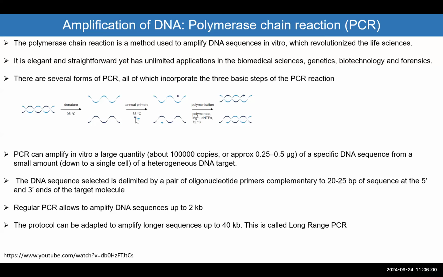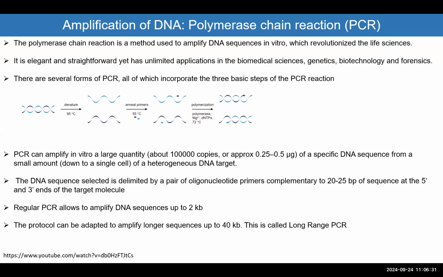The primers have smaller sequences compared to the DNA fragments we are working with. And therefore, they have the ability to quickly bind to these large molecules. So in other words, if you have a DNA molecule that is 1 kilobase and you have a DNA molecule that's 20 base pairs, obviously the 20 base pairs will anneal much faster to the DNA fragment compared to the 1 kilobase.